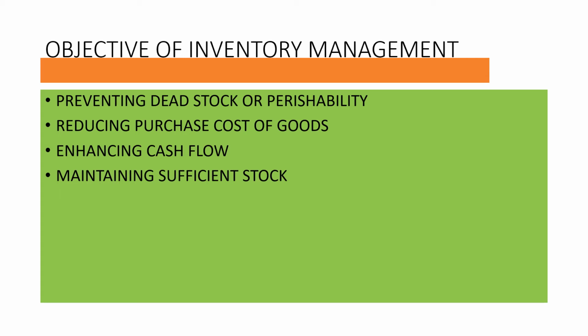If you do not have enough raw material, you cannot produce the extra items that you have been ordered at that point of time, right? So you always need to be ready, and for staying ready, you need to have a good amount of stock in your hand. Optimizing storage cost by reducing your storage cost.